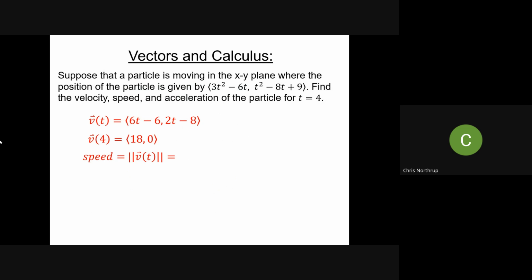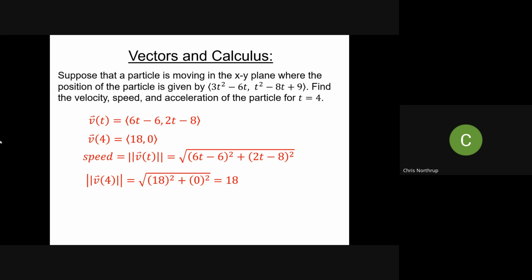So I can use the Pythagorean theorem, and I get this: 6t minus 6 all squared plus 2, okay, yada, yada, yada. And then I can plug in a 4, but you're going to notice, oh, I could have just taken the magnitude after I plugged in a 4 to find my velocity. That works just as well. So it turns out that my speed in this case is going to be 18, whereas my velocity is 18 comma 0.